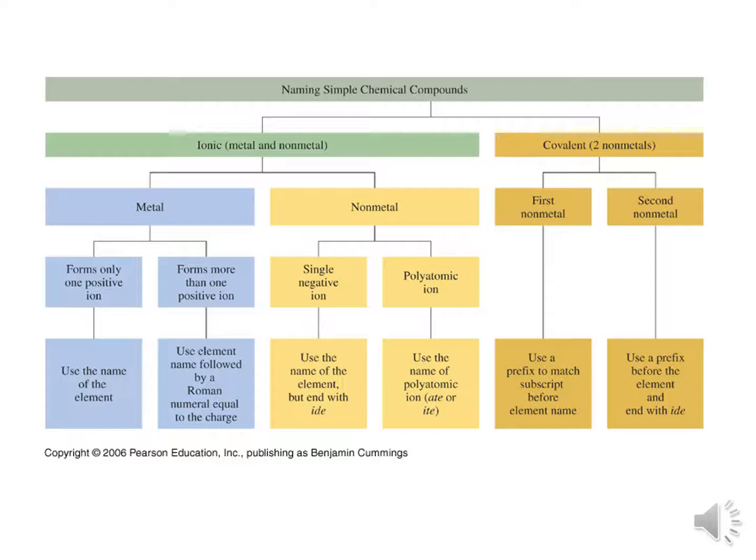We don't use prefixes. With covalents, we have the first nonmetal, and we use a prefix to match the subscript. If the first nonmetal is only one, we never put the mono on the first nonmetal. And then the second nonmetal, we always use a prefix followed by the element name with the suffix IDE.